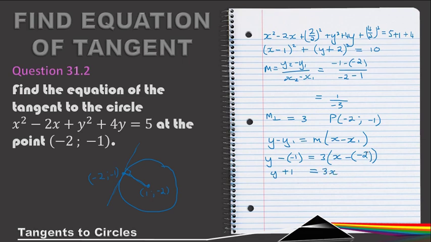Take it to the next term, this minus and minus becomes a plus, and then times this 3 as well is plus 6. Take the 1 over, and we're left with y equals 3x plus 6 minus 1, so y is equal to 3x plus 5, and that is the equation of our tangent to the circle at the point minus 2 and minus 1.